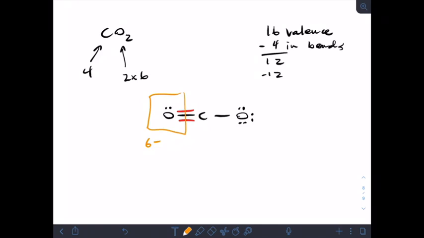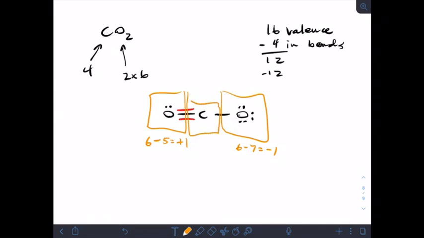So right now, this oxygen has 6 minus 1, 2, 3, 4, 5. And this oxygen has 6 minus 7. And my carbon has 0.